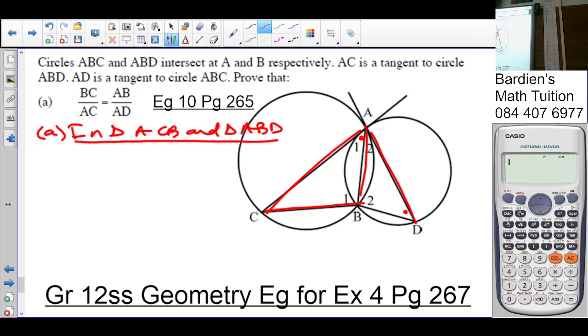You see here the order wasn't given. Where are we going to get that length from? We are going to get it from proving similarity. So I'm going to prove that triangle ACB is similar to triangle ABD, and then I can go with the length section of the question.